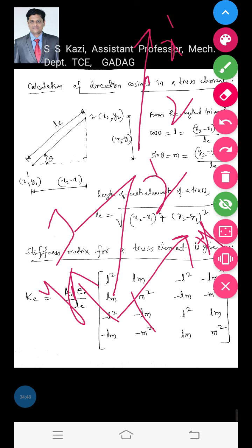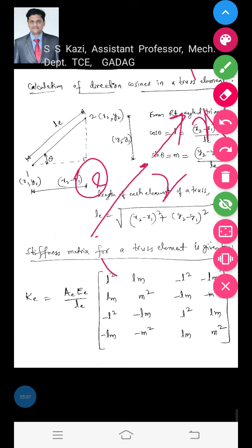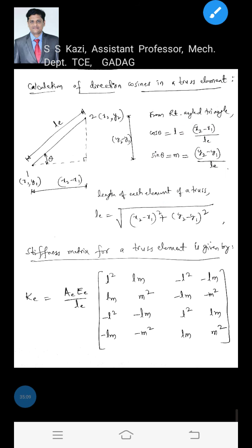But since each bar of a truss element, due to the load applied, is induced with either expansion or contraction, in local coordinates the bar and truss elements are the same, but in global coordinates these two are different.